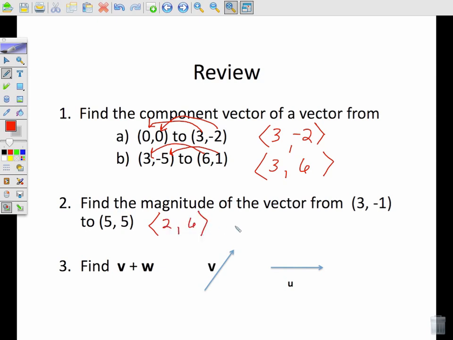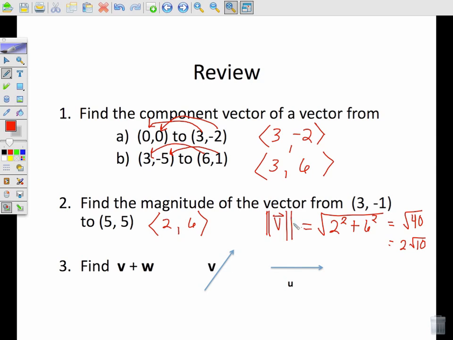If this is vector v, the magnitude of it would be equal to the square root of 2 squared plus 6 squared, which is 36 plus 4, so square root of 40, or write that as 2 square roots of 10. So you do the distance formula, and obviously in the middle of the distance formula you are finding the component form.